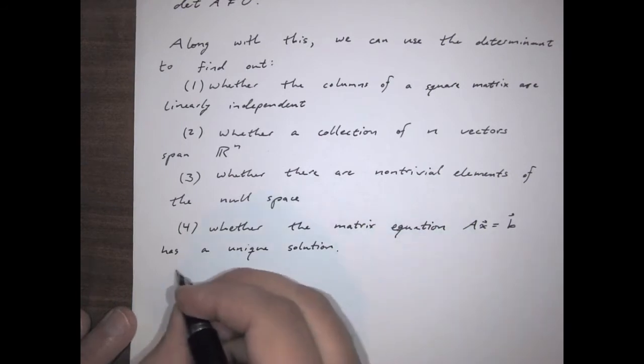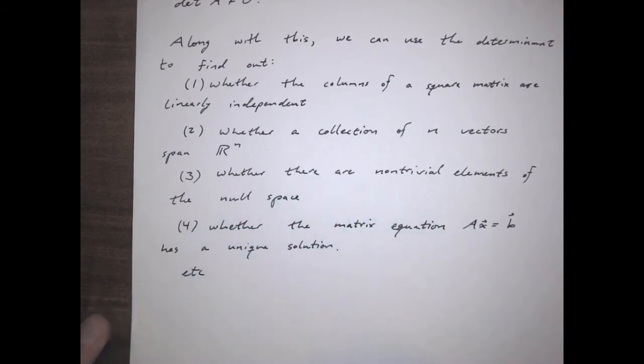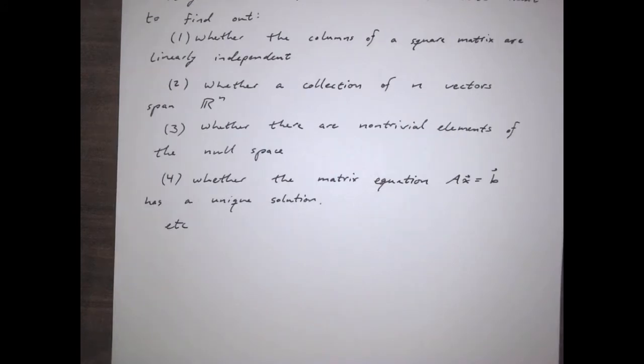And so on, etc. But these are some of the most important properties that come up in practice. In particular, in Math 256, so those of you who are going into that after this, these are all properties that we will end up using determinants to determine.